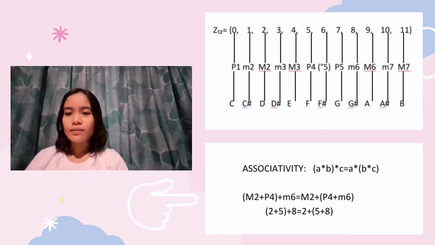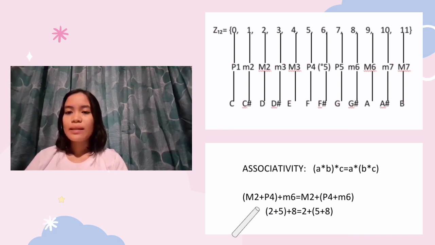Now let's have the second axiom, which is associativity. Let's have an example. We have the quantity of major second plus perfect fourth, plus minor 6, is equal to major second plus the quantity of perfect fourth plus minor 6. On the left hand side, we have the major second plus perfect fourth; from the table, the major second is 2 and the perfect fourth is 5.